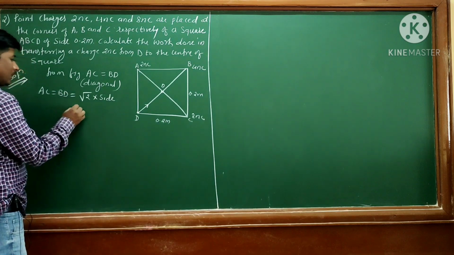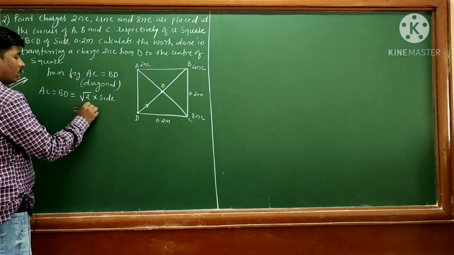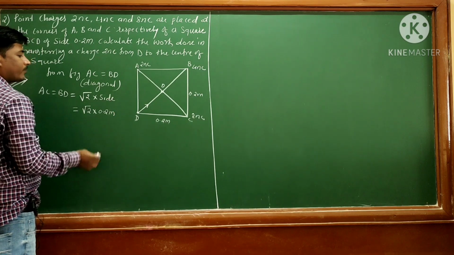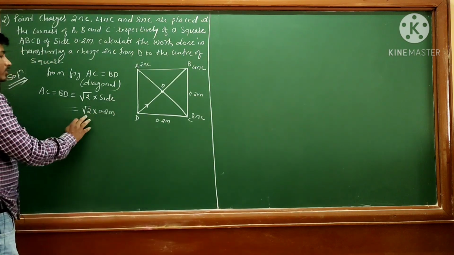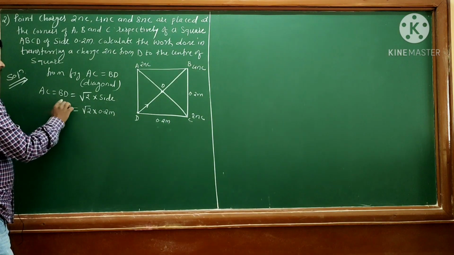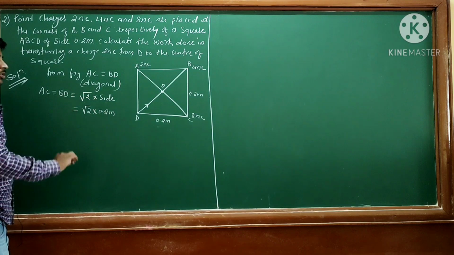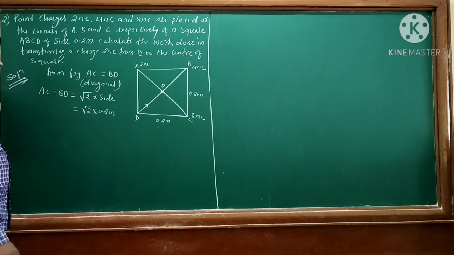What is the side here? It is 0.2 meter. So AC or BD is equal to root 2 into 0.2 meter.